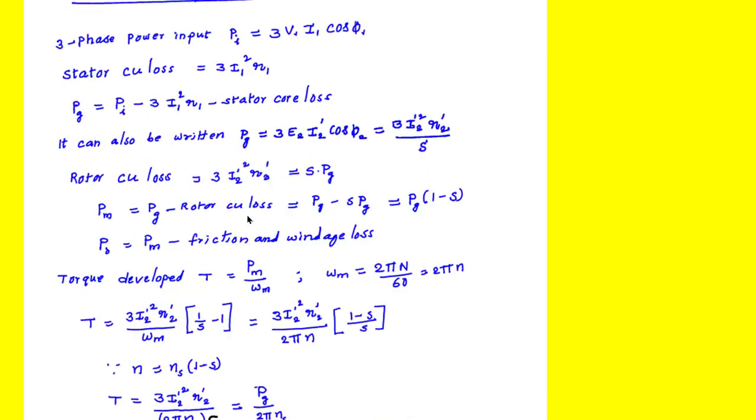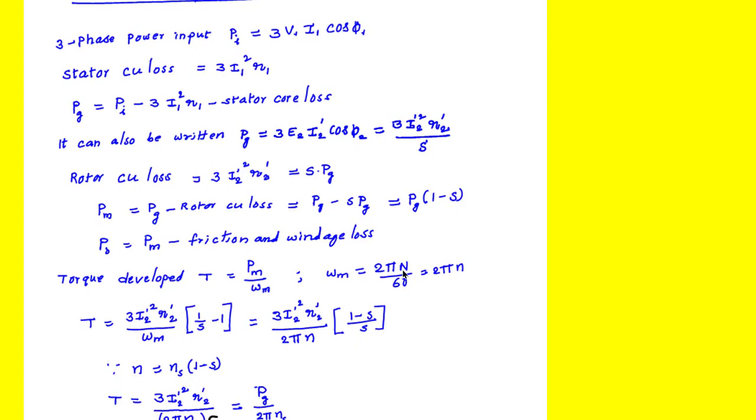Once we know the mechanical power developed, we can also calculate the torque developed in the motor. Power is equal to omega T, that is the formula. So from that we get T is equal to Pm by omega m. Here omega m is the angular velocity of the rotor.